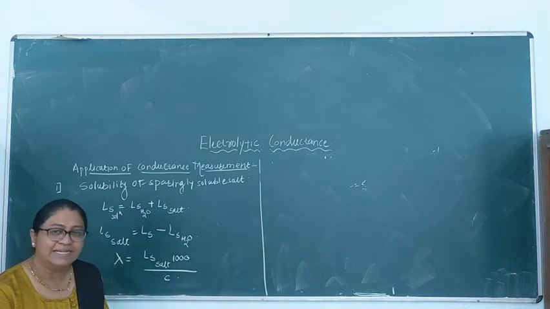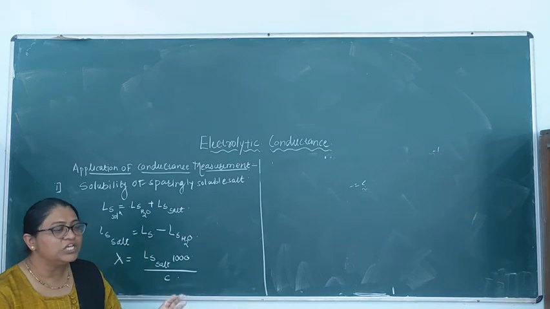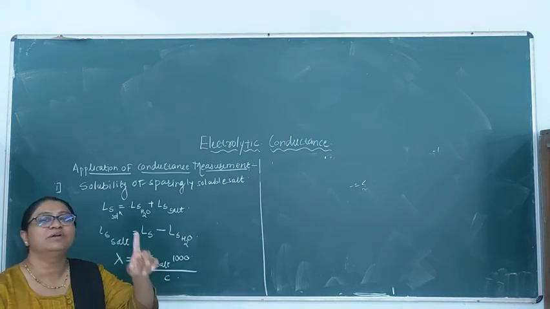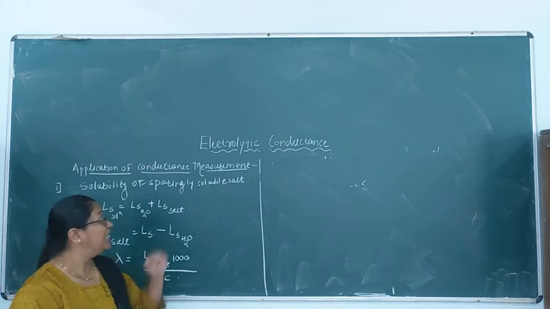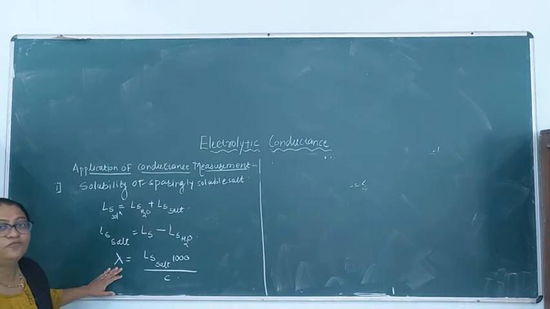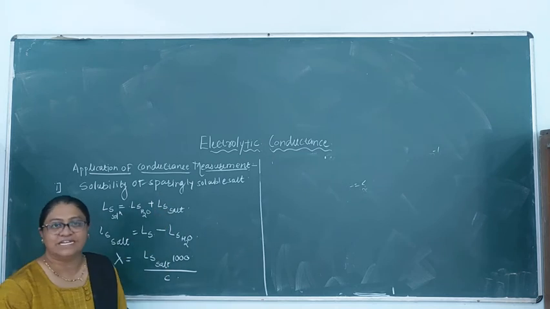That means this concentration is the concentration which is dissolved in the water, and that is nothing but the solubility. So for such a sparingly soluble salt, if we write a relation for its equivalent conductance, this concentration is nothing but the solubility for that salt.